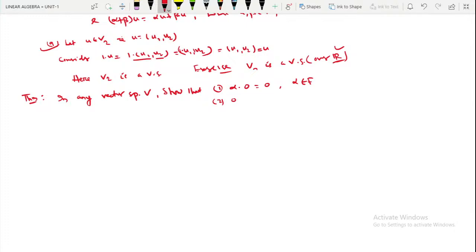And 0 into u equals the zero vector, where 0 is a scalar and u is a vector. And third, we have to show that minus 1 into u equals minus u.